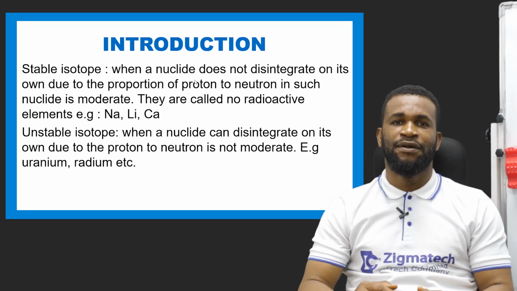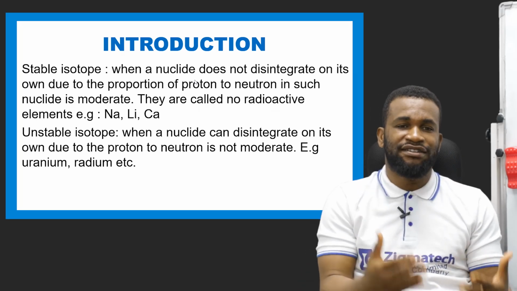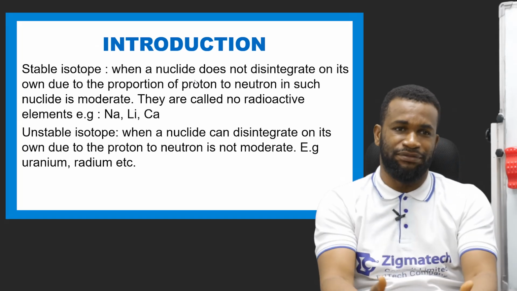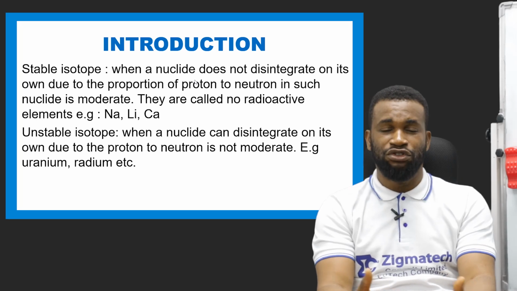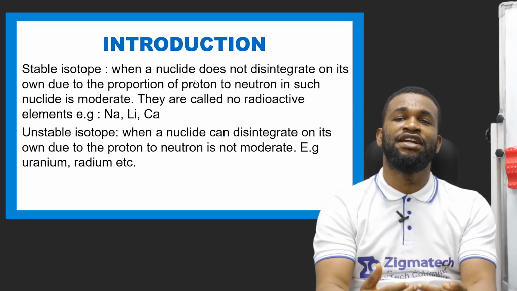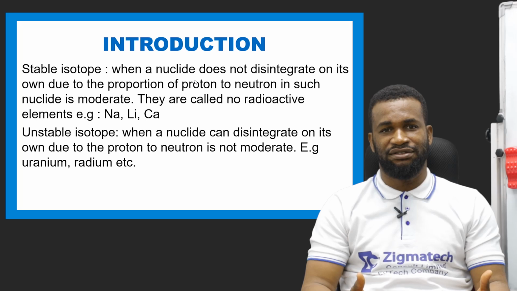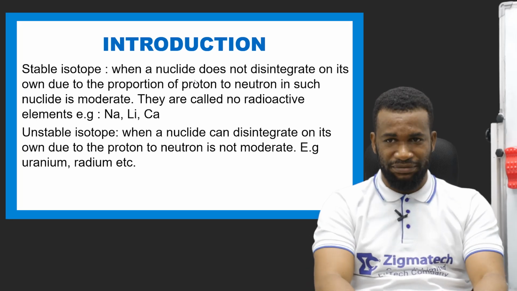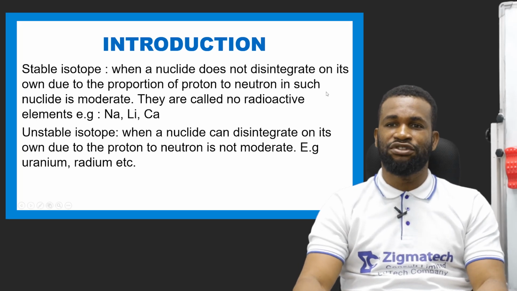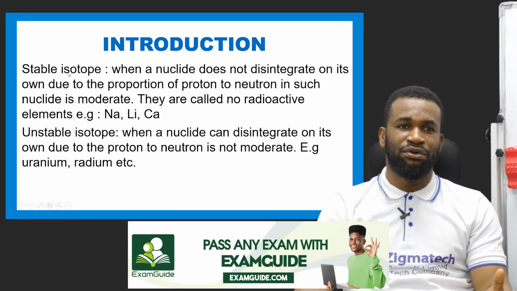In that case, there will be no need for asking any of the particles to leave, because in the process of radioactivity, we are going to be looking at it in a very natural understanding. So when everybody is stable, there is no one to leave. So we say that such ones are called stable isotope.